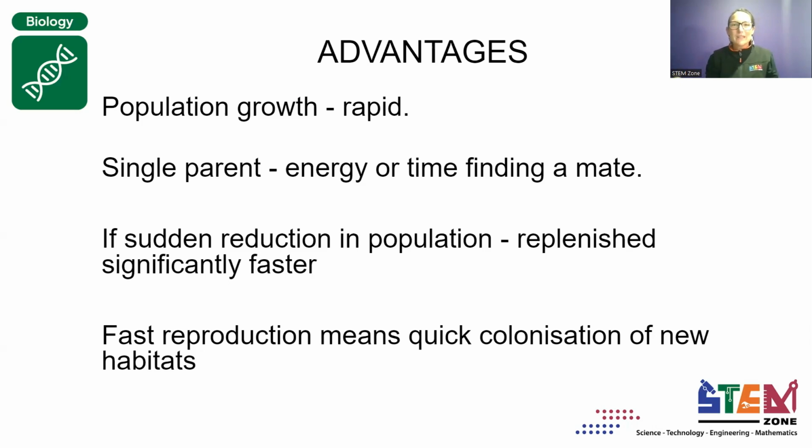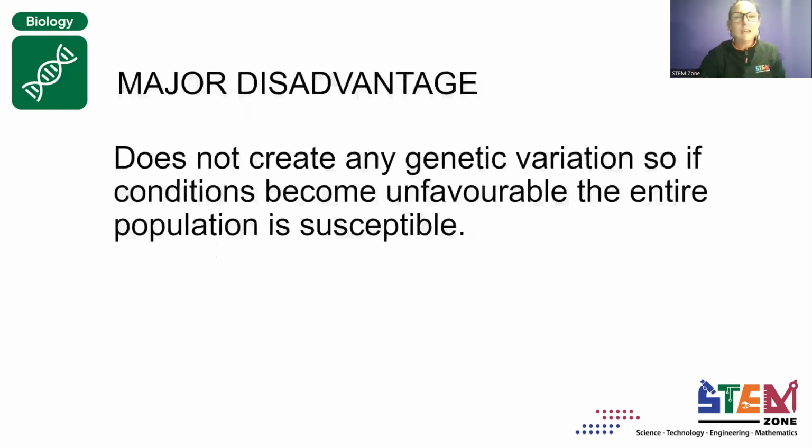However, there's one pretty big disadvantage to this. There are a few others, but the one major disadvantage to asexual reproduction is that there's no genetic variation in the population. So if I'm a single organism and I'm basically cloning myself, making copies of myself, genetically we're identical.